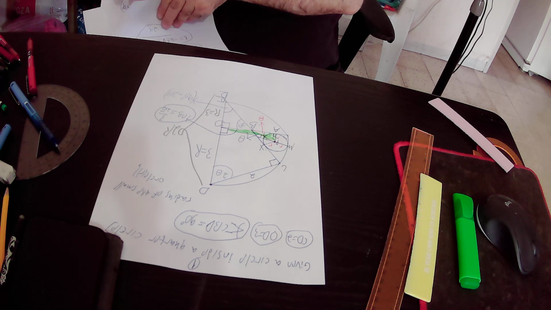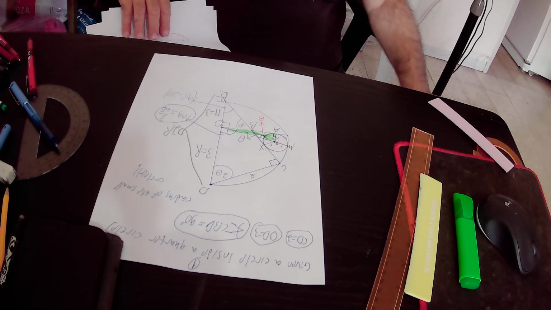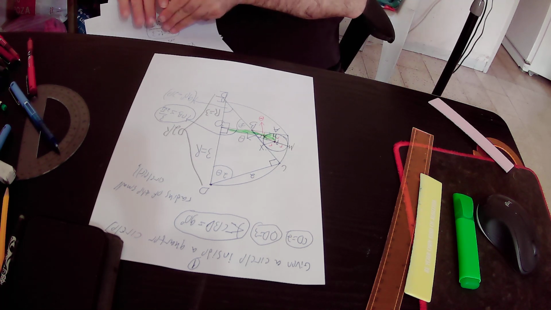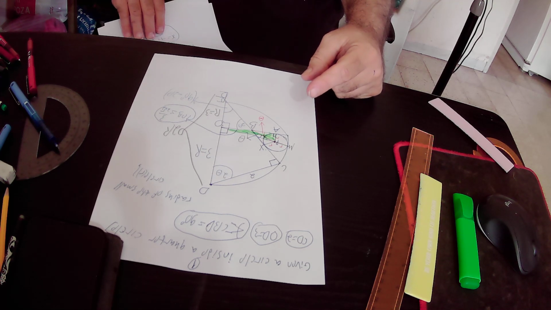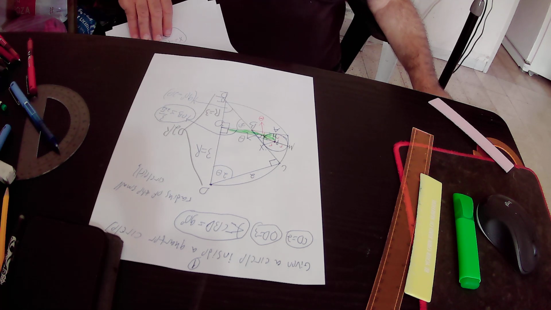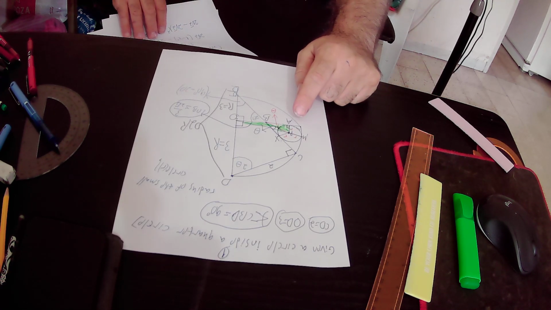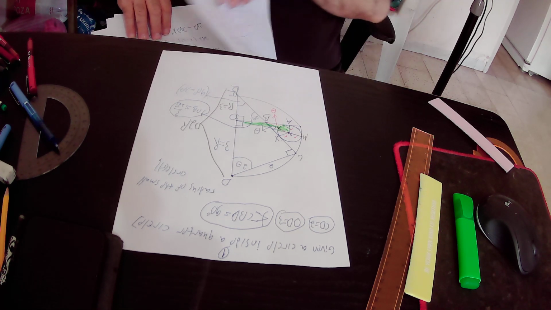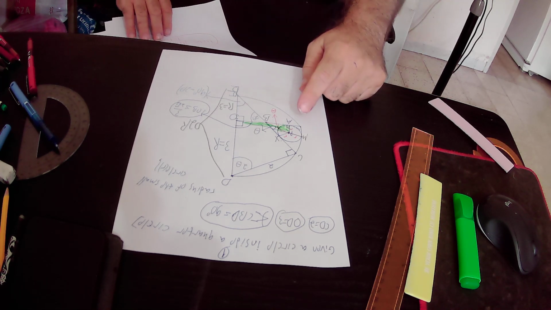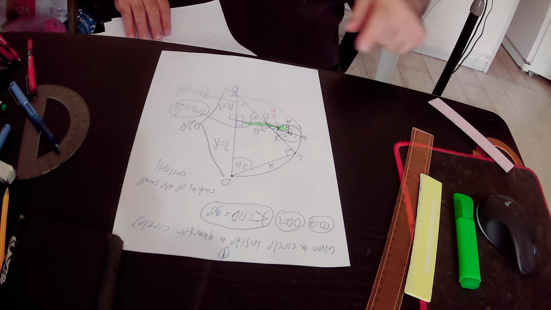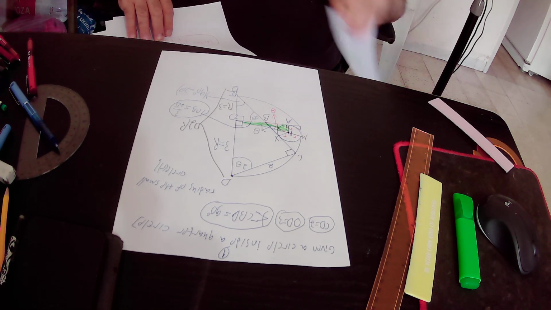And actually triangle ABP is a right triangle because the radius and the tangent to the radius are perpendicular to each other, so angle PAO is a right angle, therefore triangle APB is a right triangle. So in the right triangle APB, we defined angle ABP as angle theta.